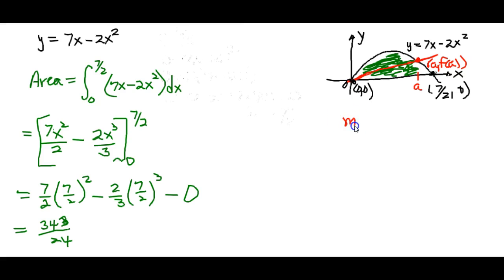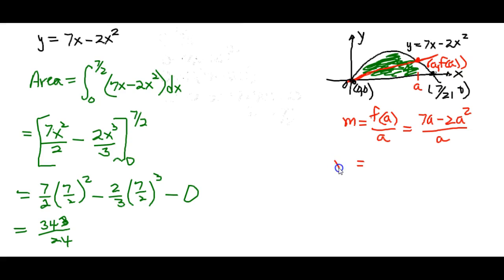So the slope of the line that we're trying to get: you subtract the y coordinates and divide that by the difference of the x coordinates. So f of a minus 0 is in the numerator, over a minus 0, which is just a. f of a is 7a minus 2a squared, and then over a.